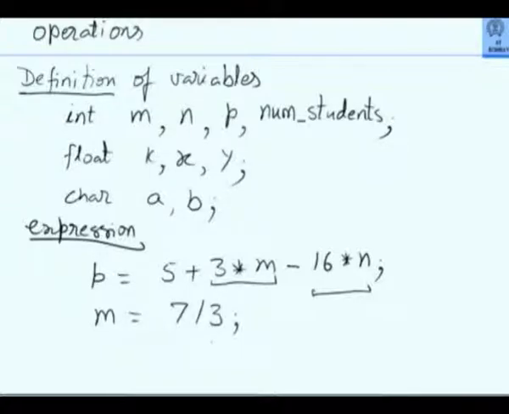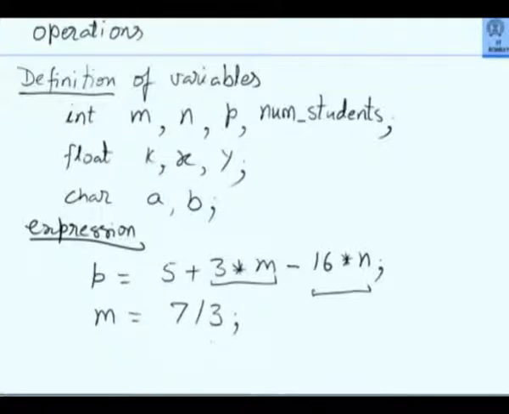Why 2 and not 2 point something? Because m is integer? No, that is not the reason. It is because 7 is integer and 3 is integer. There is a difference between the two. Please note that on the left hand side, what is written, it does not matter.